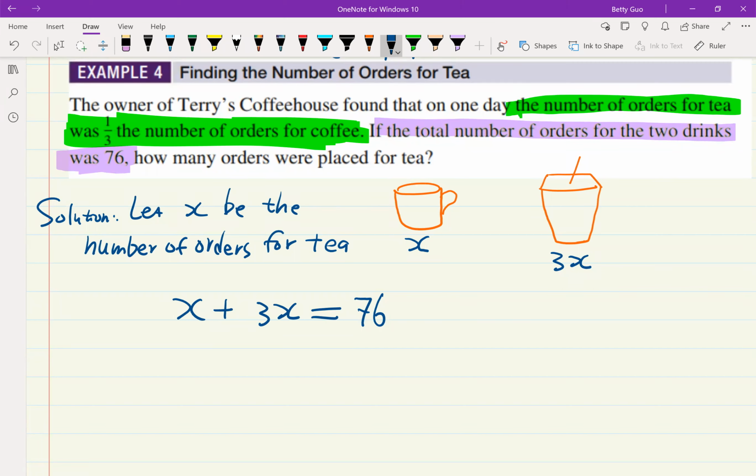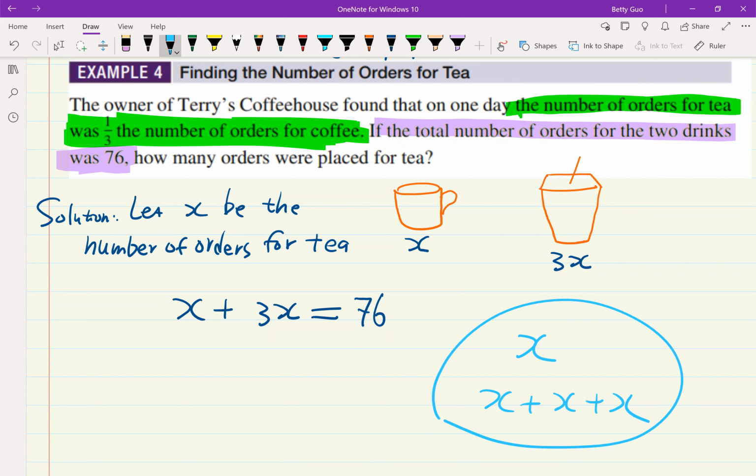X, 3x. So let me show you what that means. This is 1x, right? 3x means 1, 2, 3. So you combine them together, what do you have? 4x.